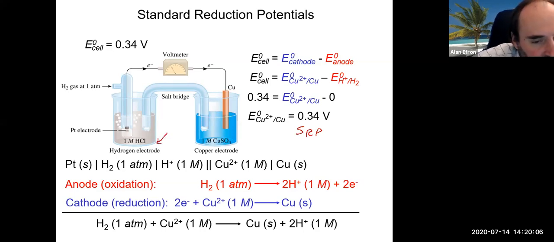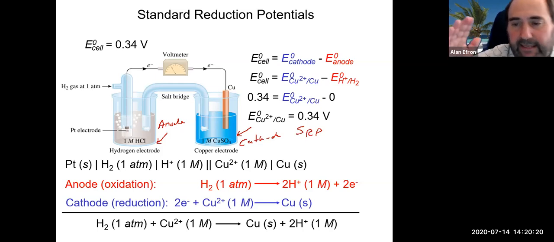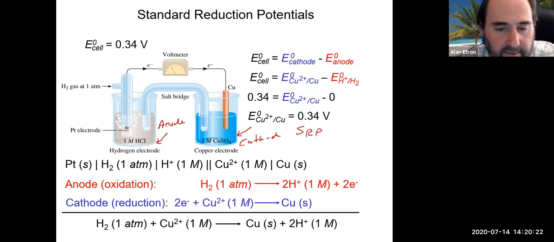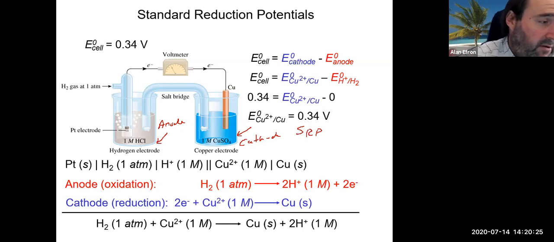In this case, the anode is the hydrogen electrode going through oxidation. The cathode here is actually our copper. So this also demonstrates a point that anything could be an anode or cathode. It may just work or not work depending on the cell voltage. So you could technically hook up anything as the anode or the cathode.